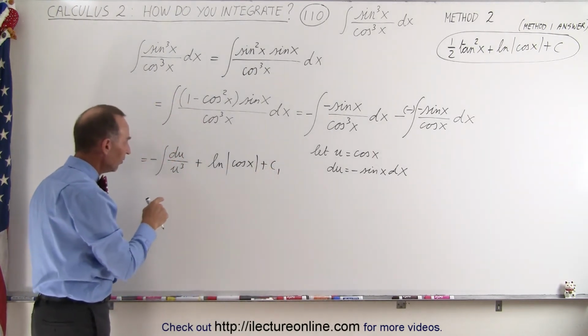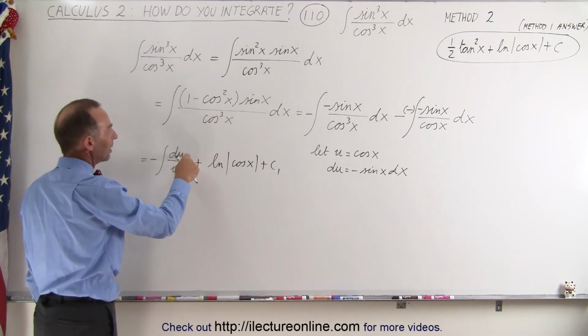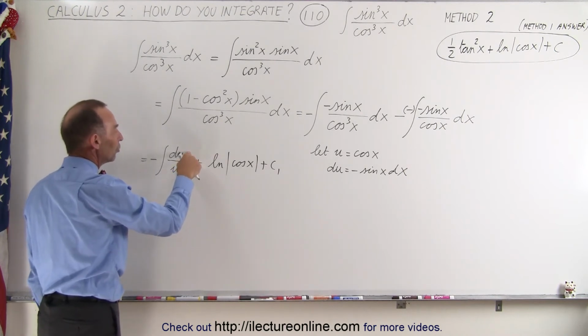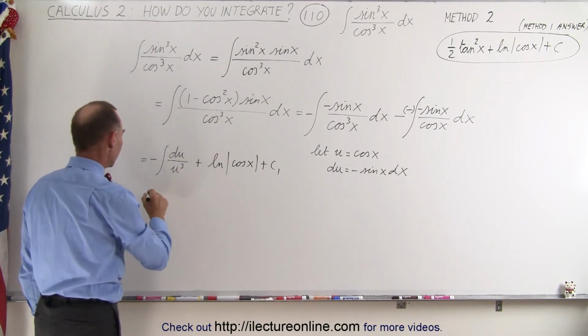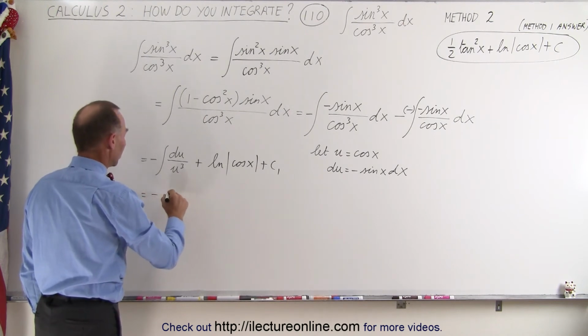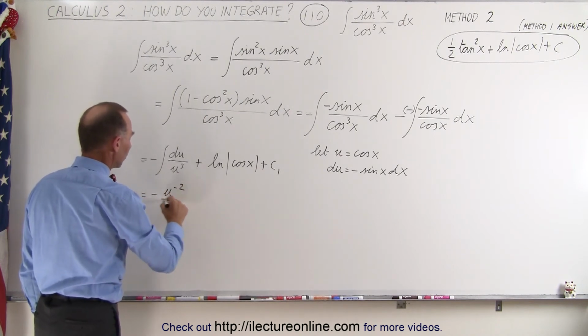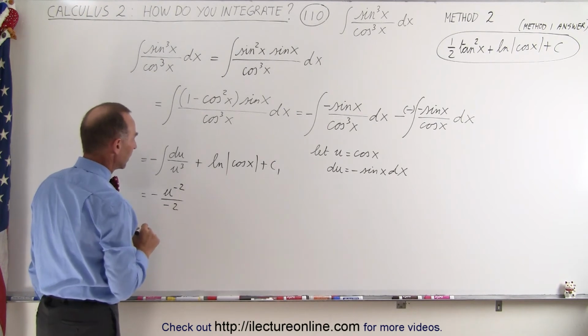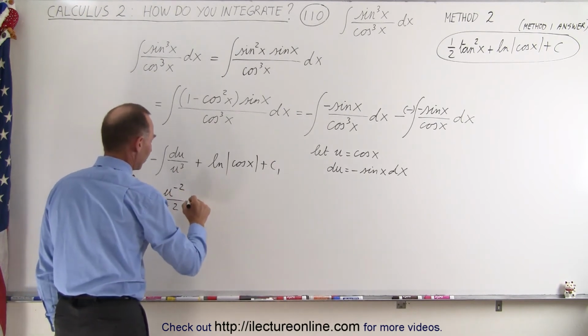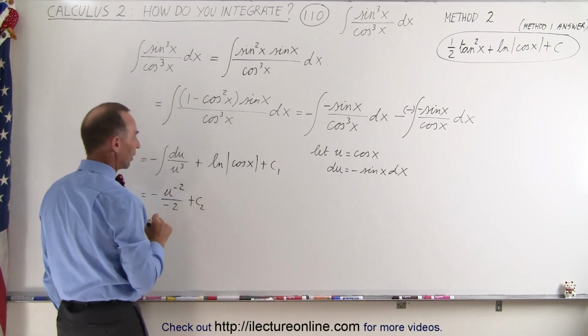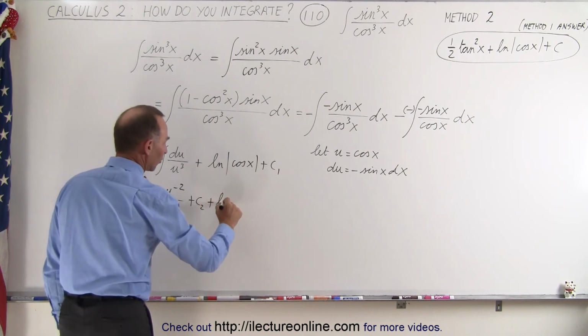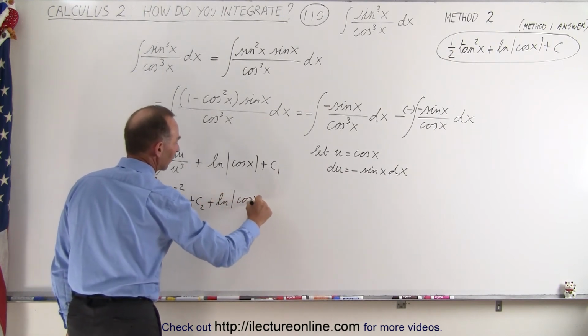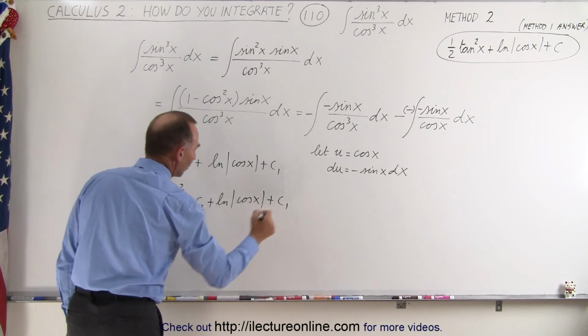Now integrating this becomes u to the minus 3, add 1 becomes u to the minus 2 divided by a negative 2. So this becomes minus u to the minus 2 divided by minus 2. And then here we have plus a constant of integration, then plus the natural log of the cosine of x plus c1.